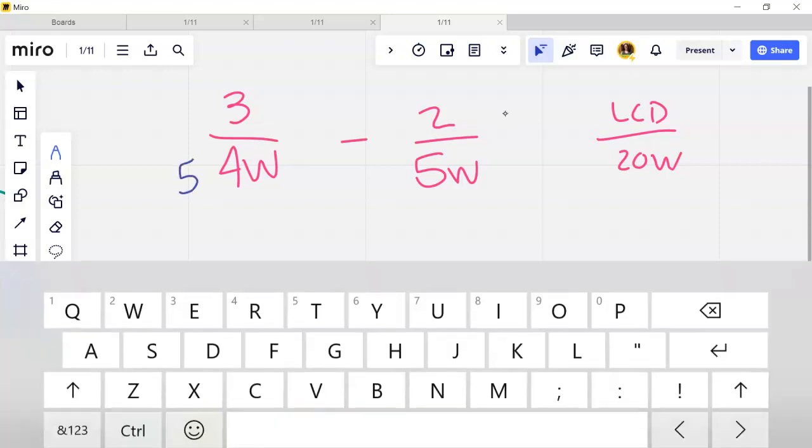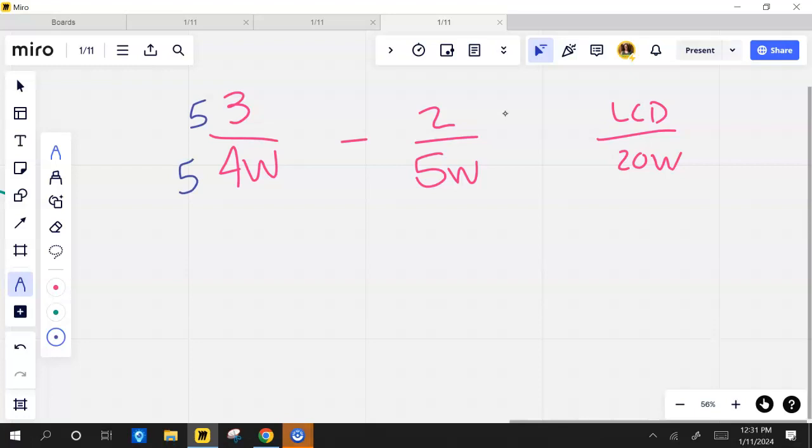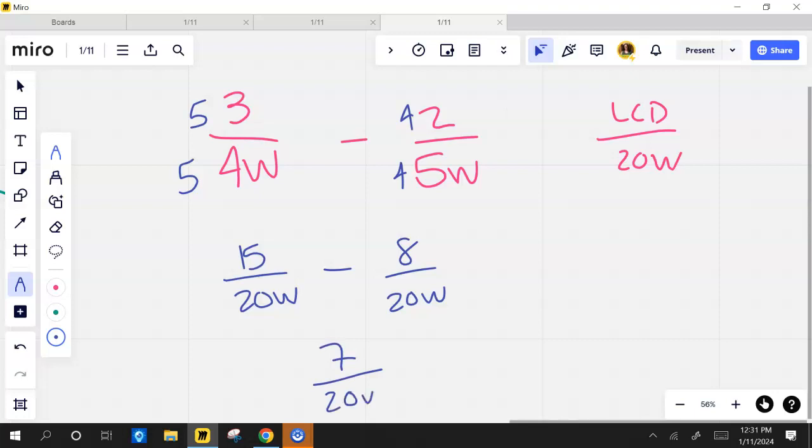Times 5. What does the second need? Times 4. So I end up with 15 over 20W minus 8 over 20W, which would give me what? 7 over 20W. Easy enough?